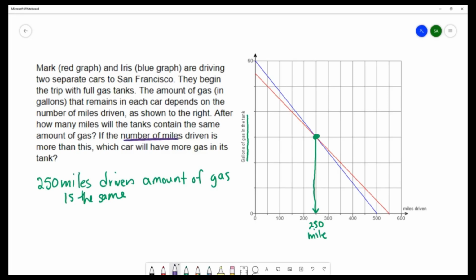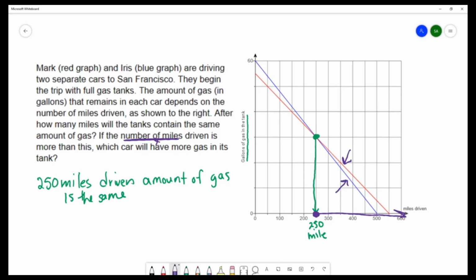So this is on our X scale. Is more than this. So we're talking about to the right of that point, to the right of 250 miles. Which car will have more gas in it? So on that portion of the trip, you can see that the red line is higher than the blue line.